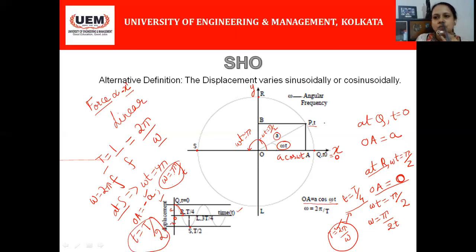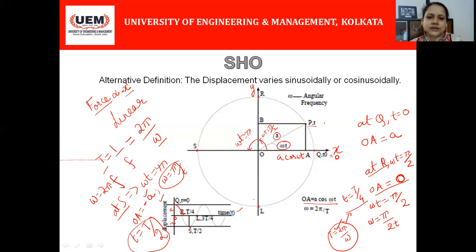Then at 1/4 more time period, it reaches the other amplitude position, minus A. So total half the time period is covered in moving from one extreme position to another, from plus A to minus A.